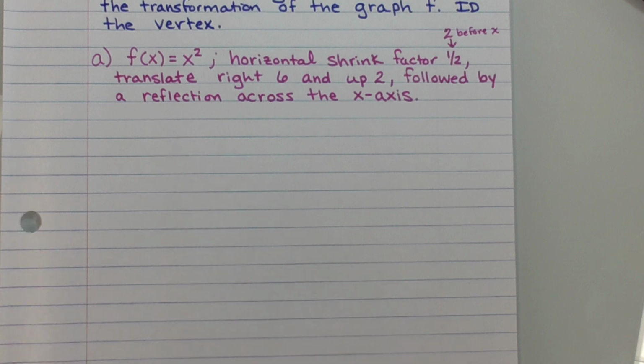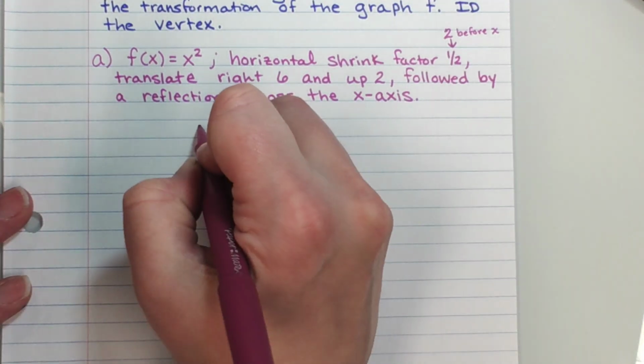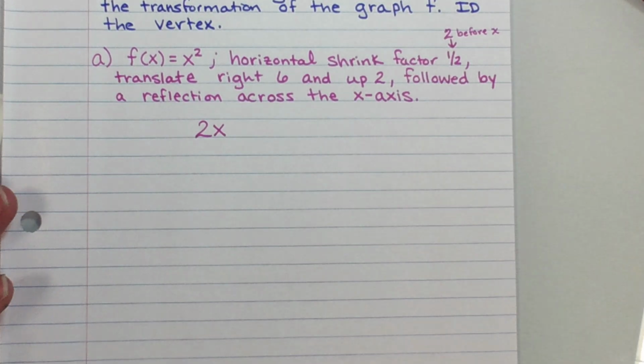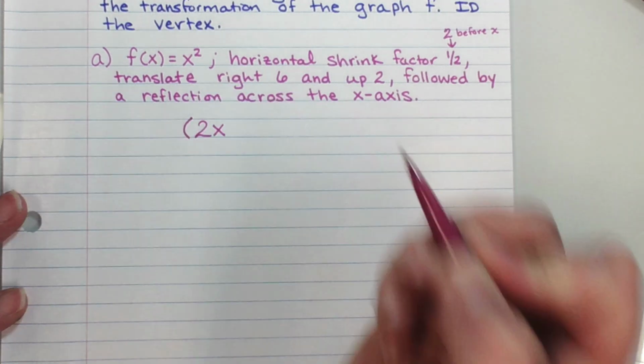Do you notice that this original equation didn't have parentheses involved? It was just x squared. That is x in parentheses squared. So when I put that 2 there, I'm going to put the 2 directly in front of the x, and I know there's going to be parentheses involved.